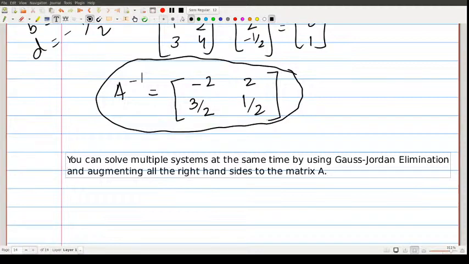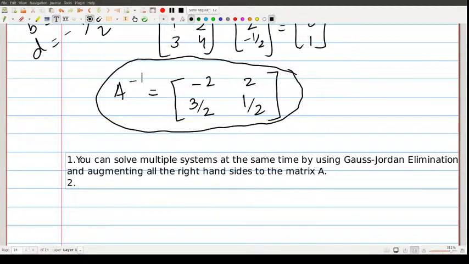We augmented all the right hand side that we needed. And the second thing that we've gotten is that Gauss-Jordan elimination on A augmented with I gives us I augmented with A inverse.